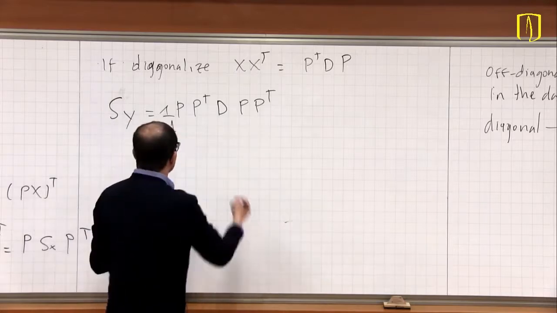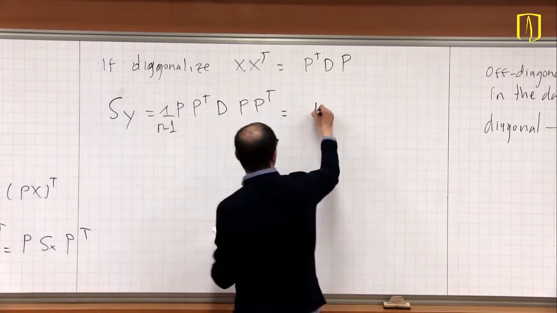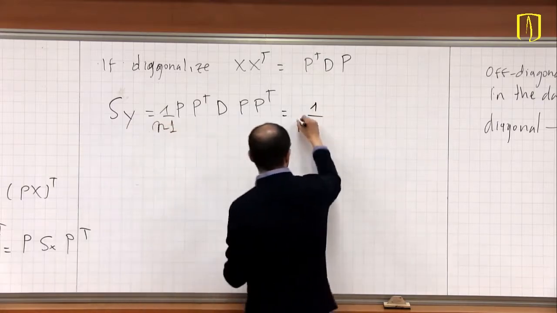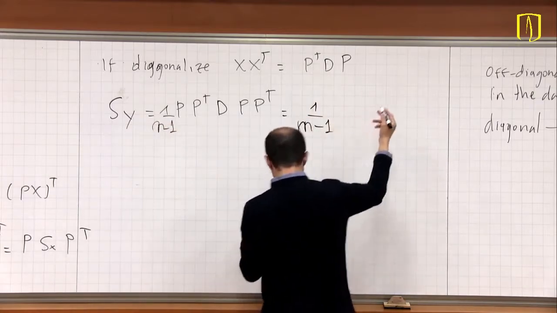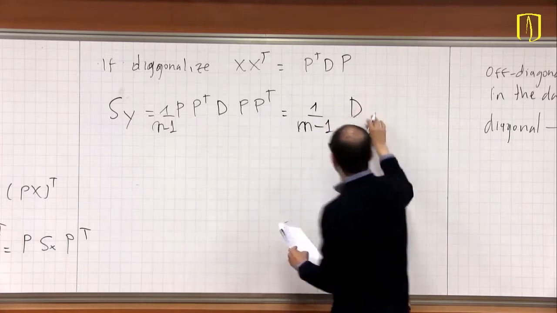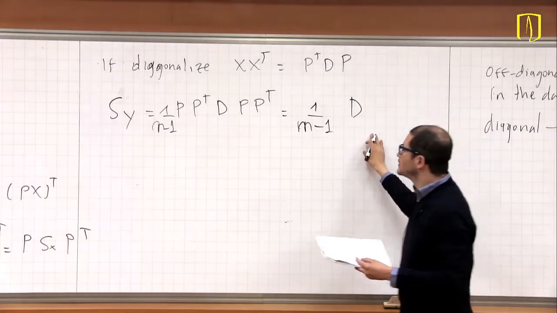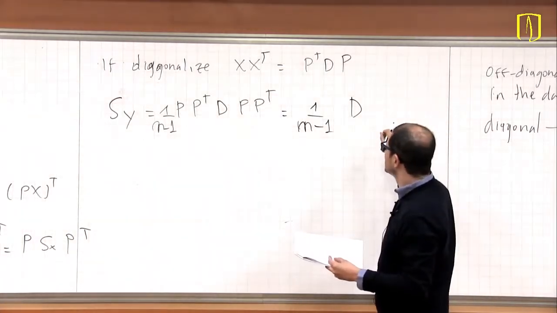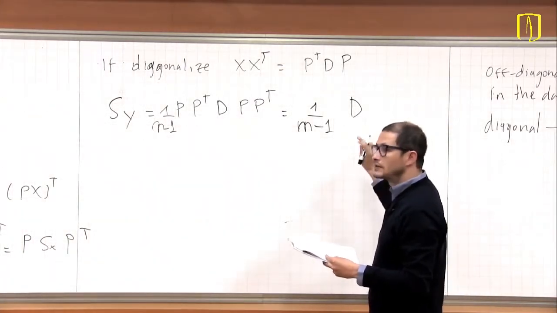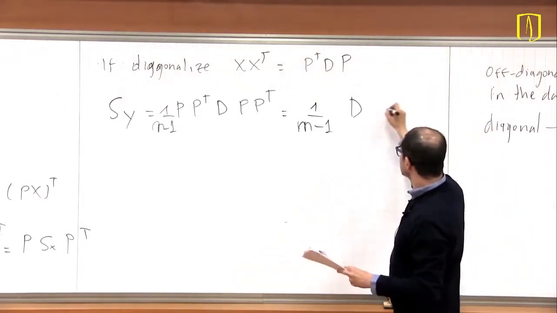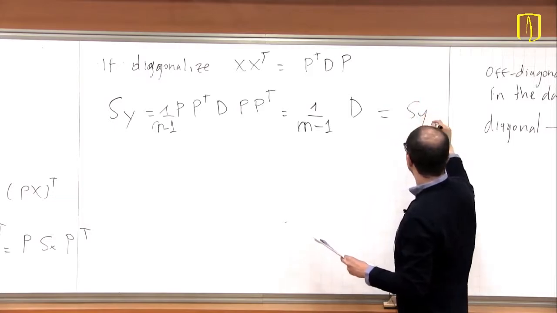And so we get, going back to my mistake, 1 over n minus 1 times this matrix D. So the leftmost term should be P S_Y P. Oh no, it says Y. Sorry, that's fine.